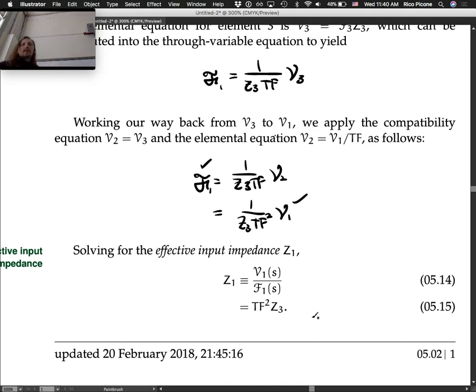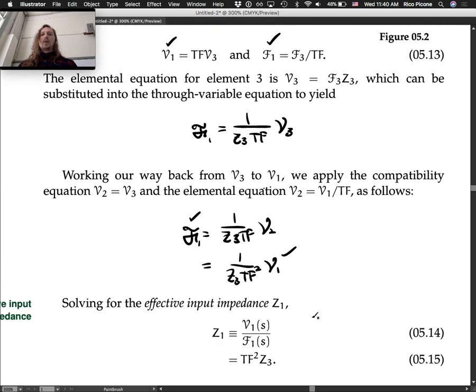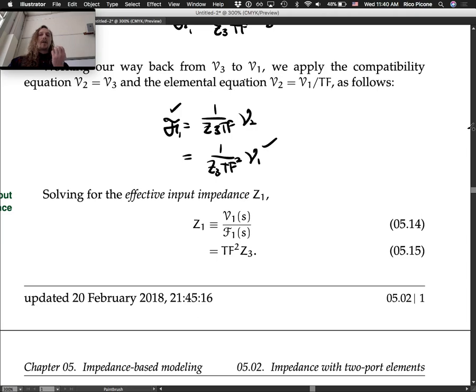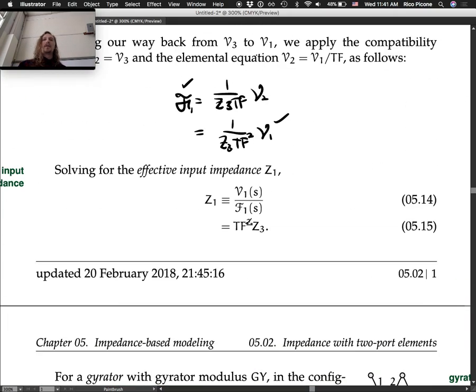So in order for us to reflect the impedance Z3 through this transducer, we have to multiply it by TF squared. The impedance on one side is felt as an impedance on the other side multiplied by a factor TF squared. So that is for the transformer.